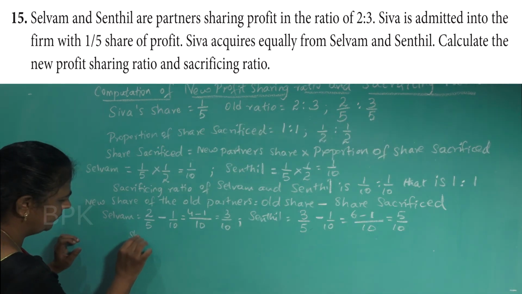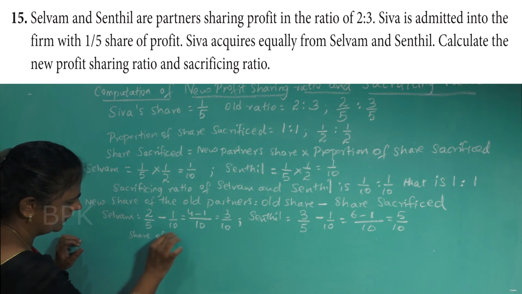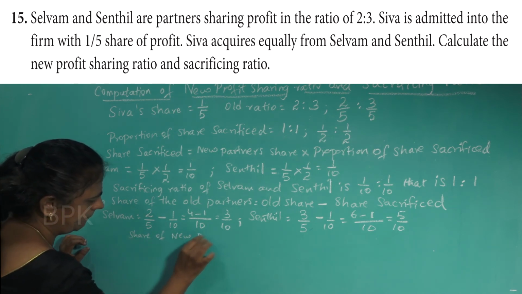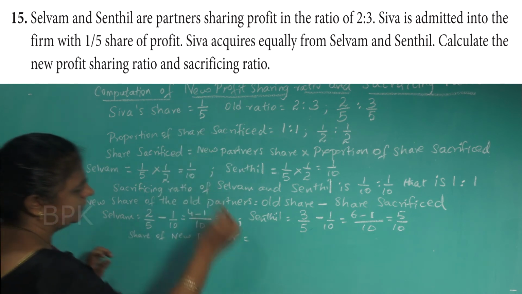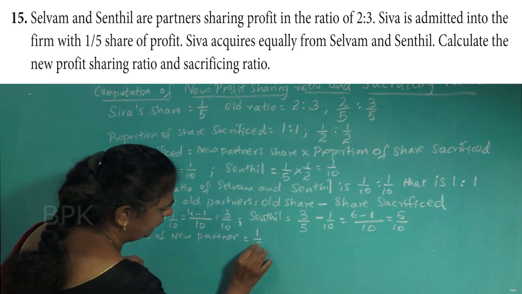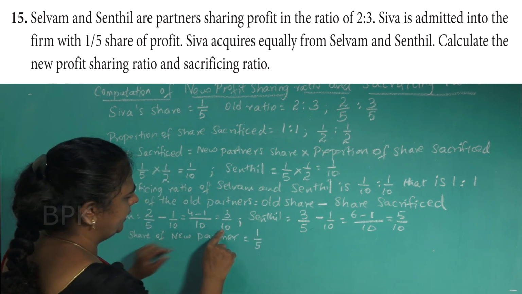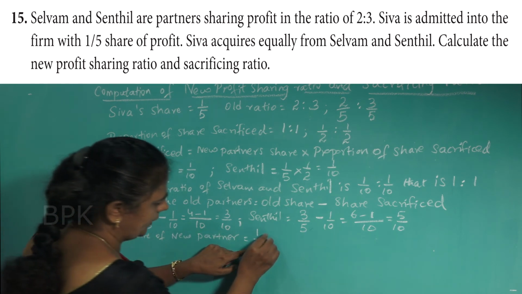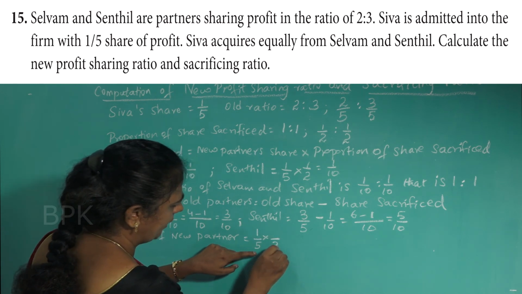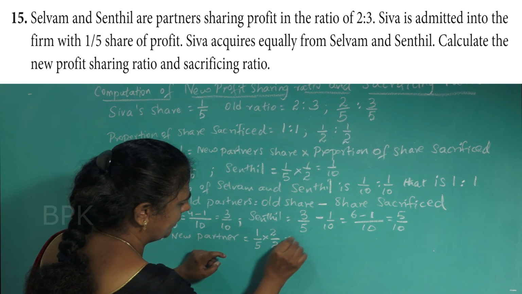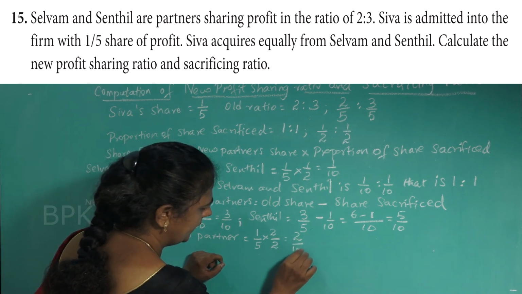Share of new partner. What is the new partner share? 1 by 5, but here the denominator is 10, so you have to get 10. To get 10, multiply by 2. Denominator you multiply by 2, numerator also multiply by 2. So that will give you 2 by 10.